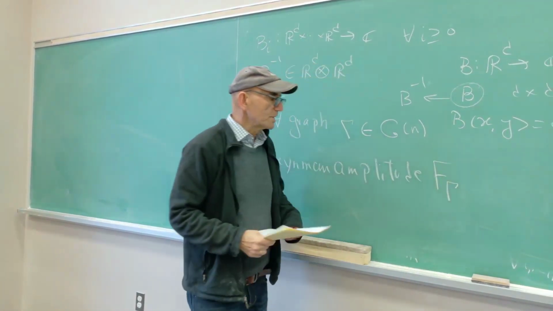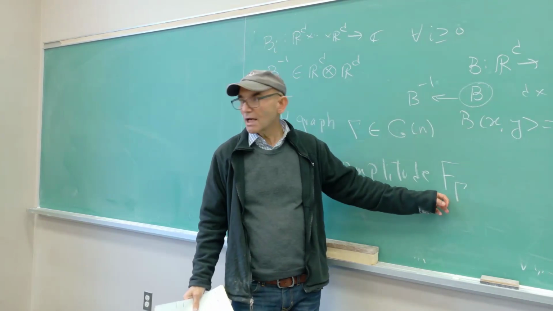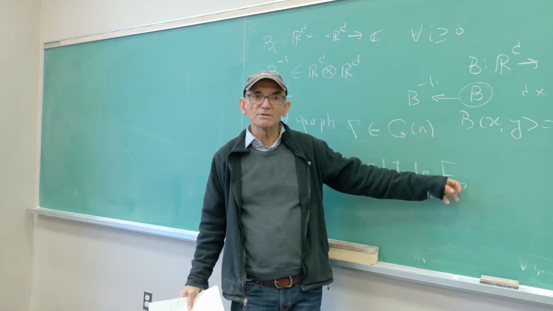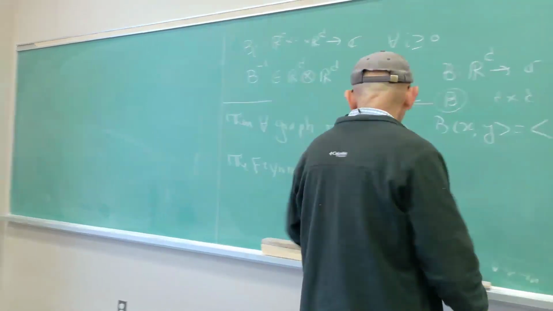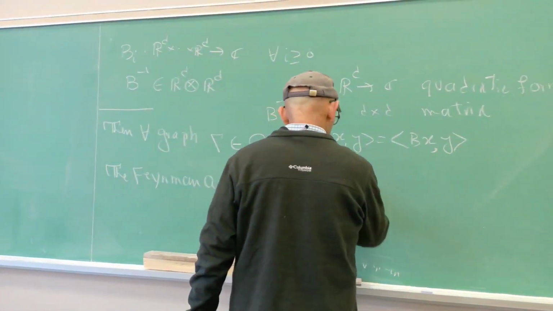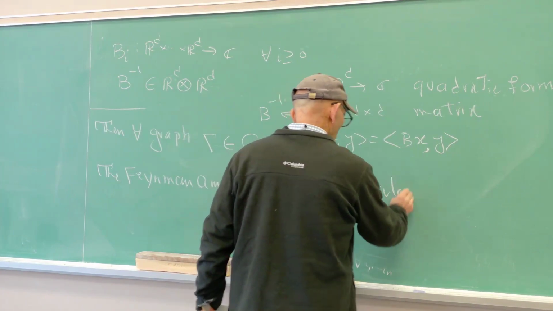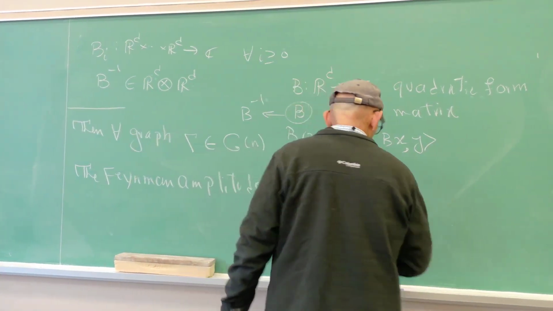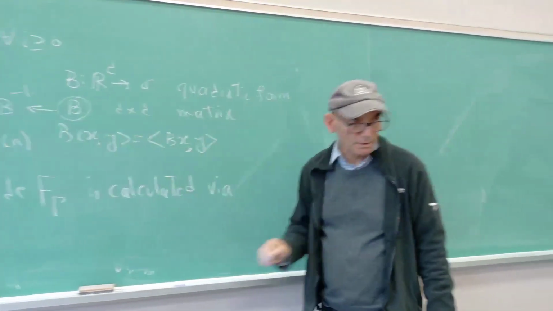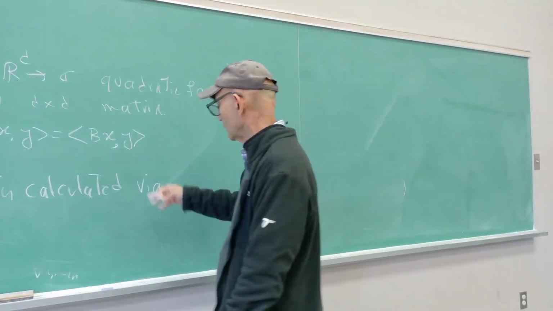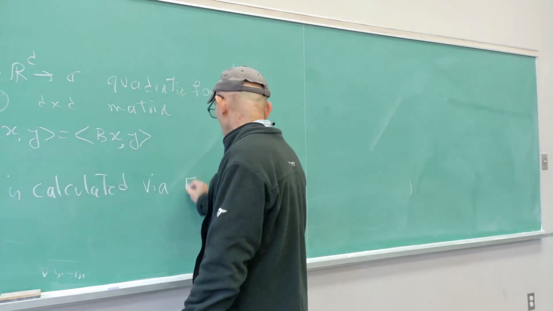To be absolutely precise, I have to put these tensors B and Bi here, but I don't, just gamma. It is calculated via so-called Feynman rules. So I will stipulate now the Feynman rules.